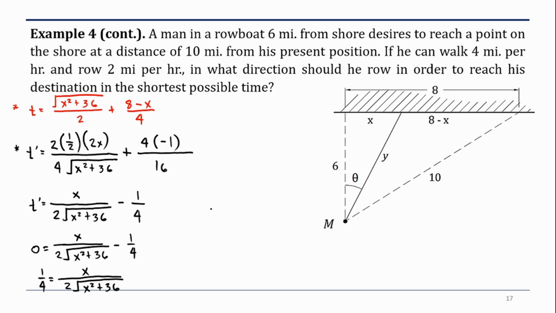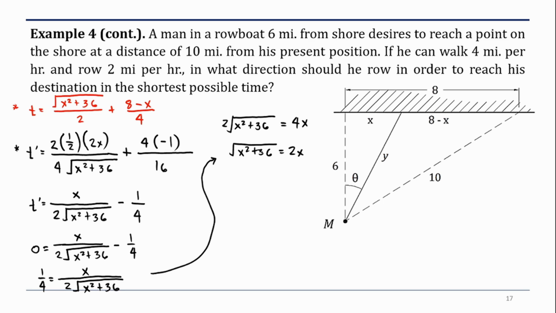Yan. So beautiful. And then continue natin dito sa kabila. So we have now 2 square root of x squared plus 36 equals 4x. Mayroon tayong pwede cancel, magka-cancel yung 2. So we have square root of x squared plus 36 is equal to 2x.